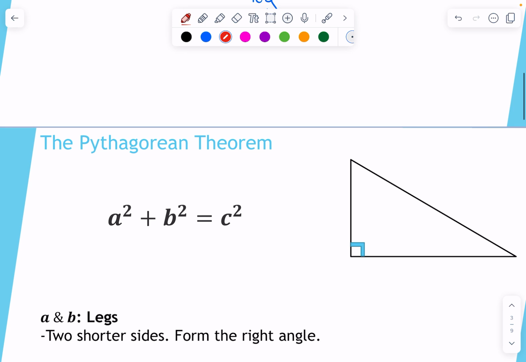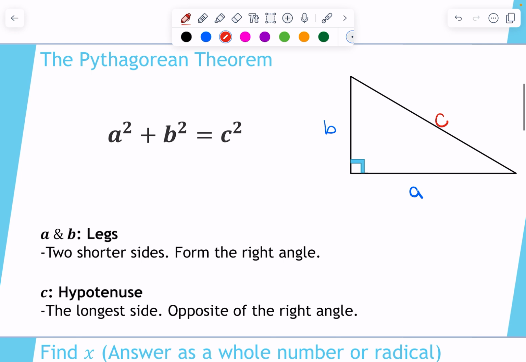So what we need then is this formula, this theorem. The theorem simply says that if I take the two legs in a right triangle, we're going to call them leg A and leg B, and I square them and add them together, they will equal the hypotenuse squared. That is how we know if something is a right triangle.